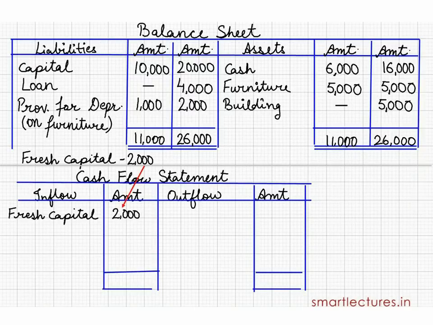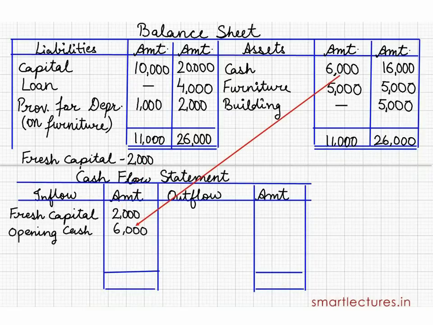It means cash has come to the firm. This is a financing transaction; fresh capital and drawings are financing activities. So fresh capital will be written on the inflows, rupees 2,000. Now the cash column: opening cash 6,000 on inflow, and on outflow, closing cash 16,000.